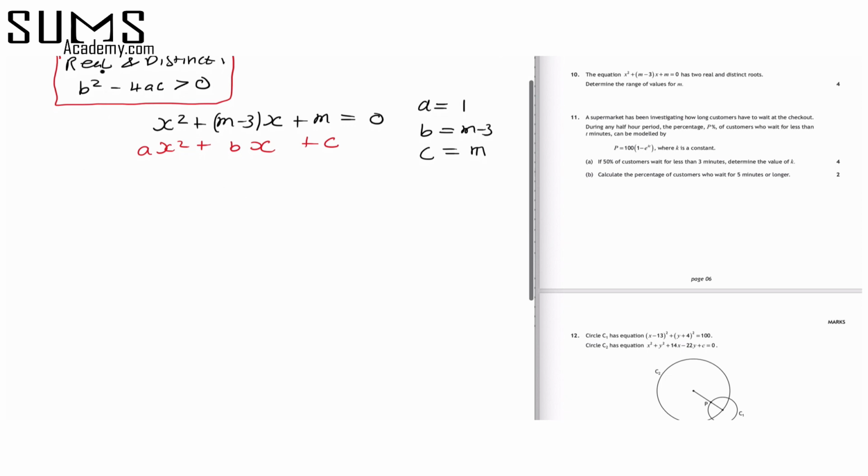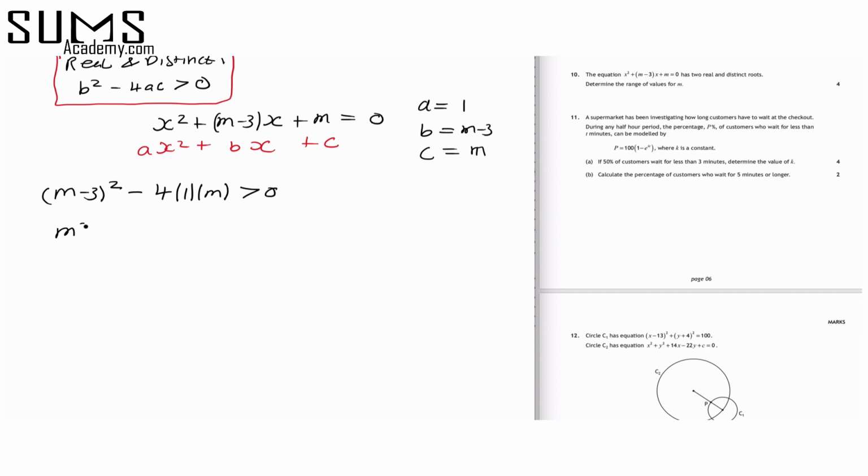So now we can plug this information back into our expression for the discriminant. So b squared, we can just go ahead and do it straight away, I think. (m minus 3) squared minus 4 times a, which is 1, times c, which is m, is going to be greater than 0.